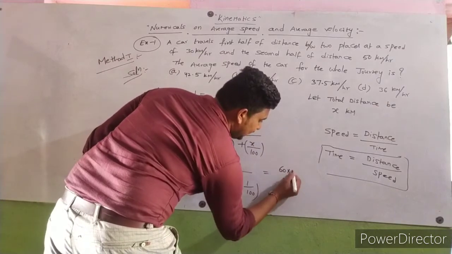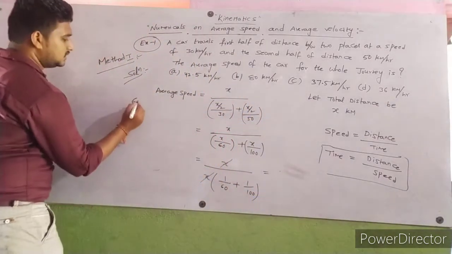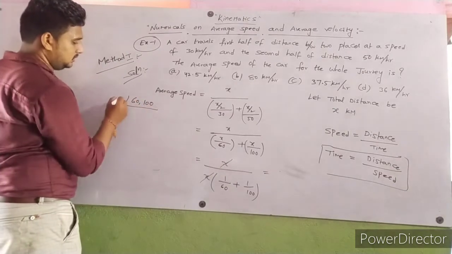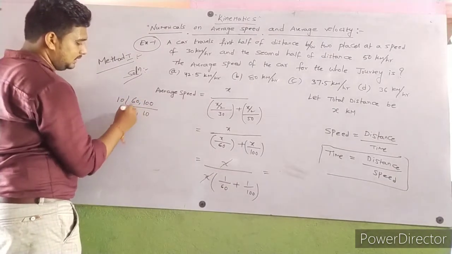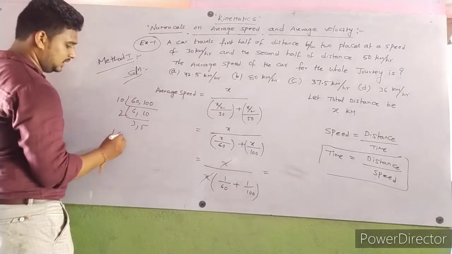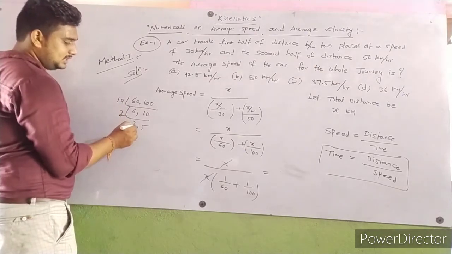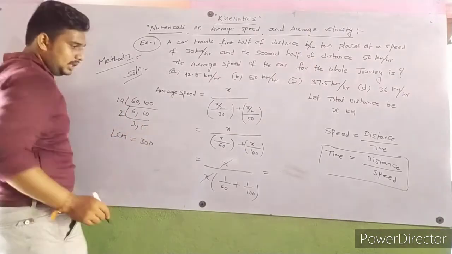Finally, 60 into 100. What is the LCM of 60 and 100? Two tens, two 3s, two 5s. The LCM is 300.